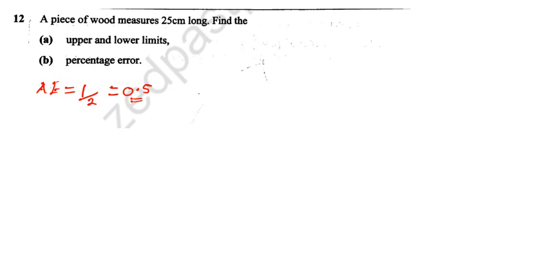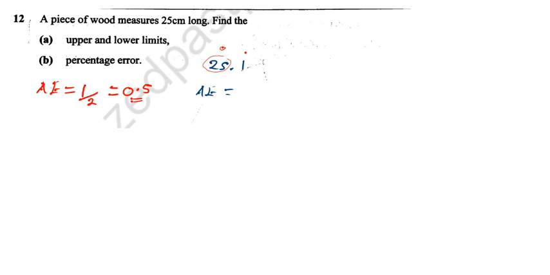But let's say we were given something like 25.1. If it has a decimal point, when finding absolute error, this 25 will be represented as a 0, and then this one here we take as a 1.